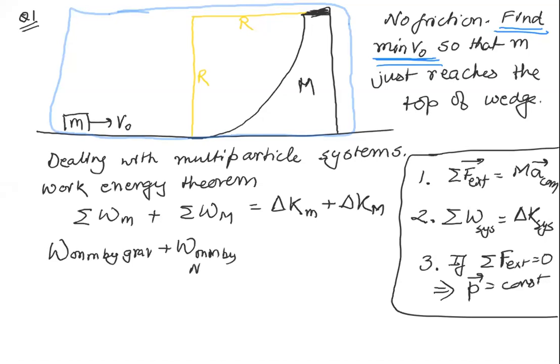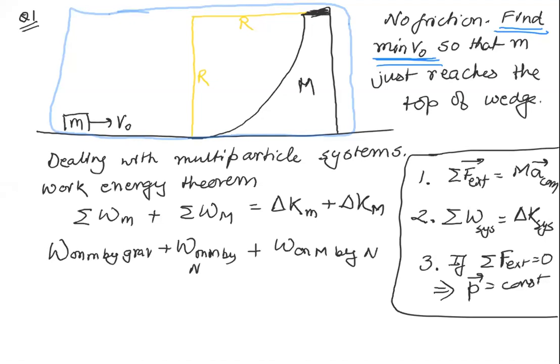The normal reaction is there due to the floor as long as small m is on the floor, and then the normal reaction on m is due to the wedge, plus work done on capital M by normal reaction.